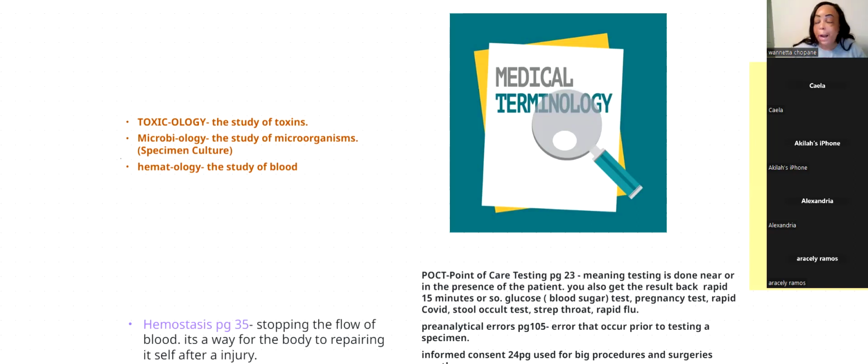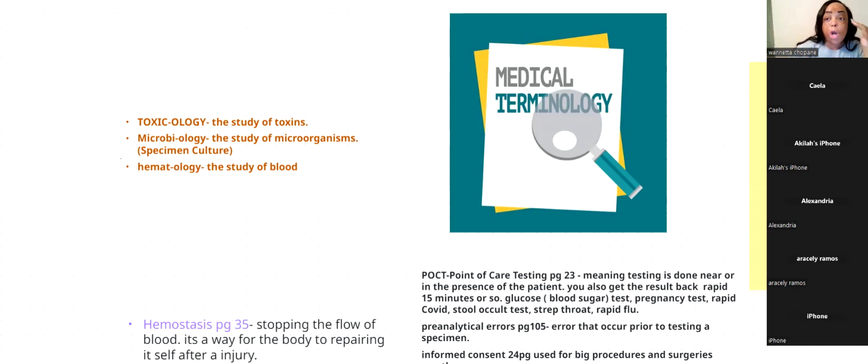For example, if you know anyone that goes to the heart doctor, cardiology: cardiac means heart, ology means the study of. A cardiologist is a doctor that specializes in the study of the heart. So what I need you to remember is that once you see ology, you know that it is the study of.